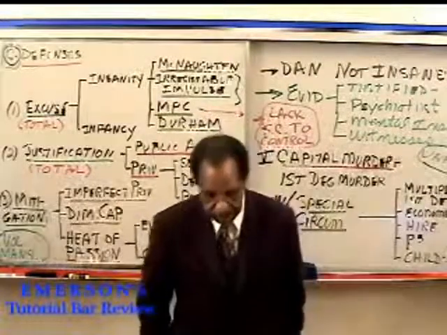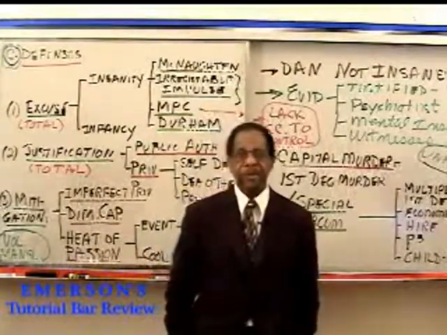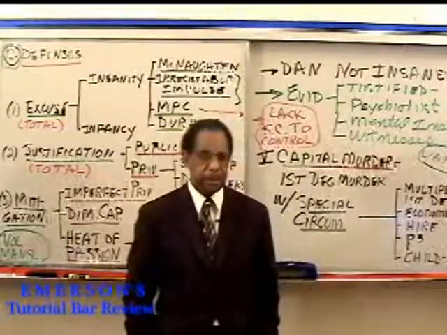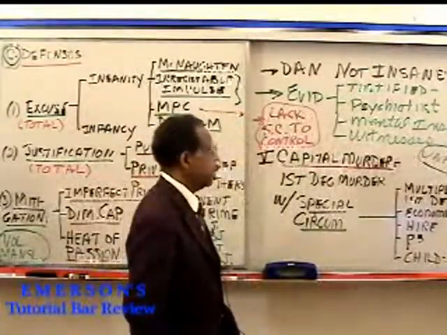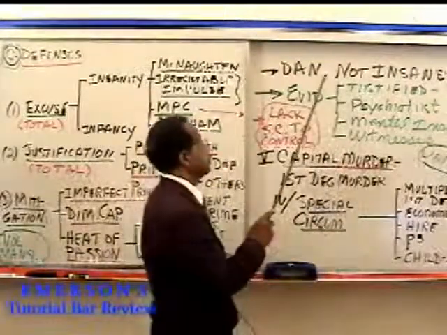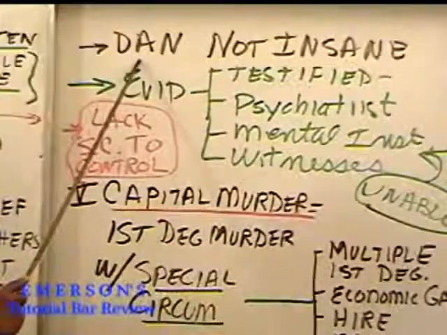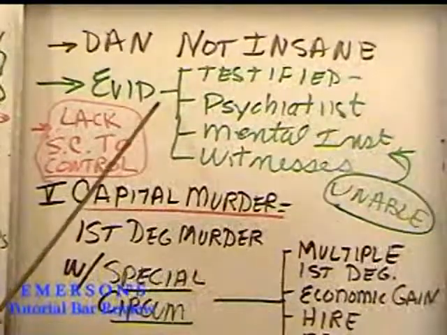Finally, can the jury properly find Dan not guilty by reason of insanity? And the answer is, it depends on which insanity test you use. Under the McNaughton test, Dan is not insane. Under irresistible impulse, maybe.